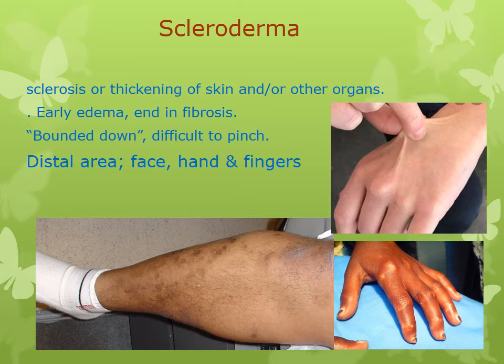In the lower limbs, the bound-down skin may be difficult to appreciate, and you need to do a test, which is pinching the skin. If you are able to pinch the skin, then there is no scleroderma. In the lower limbs also, the hyperpigmentation is more appreciated. Scleroderma usually affects or starts in the distal areas, like the face, hands, and fingers.